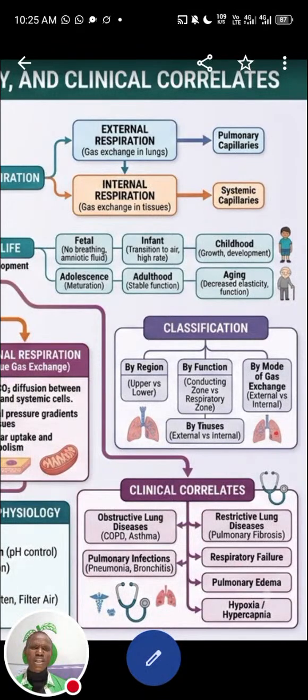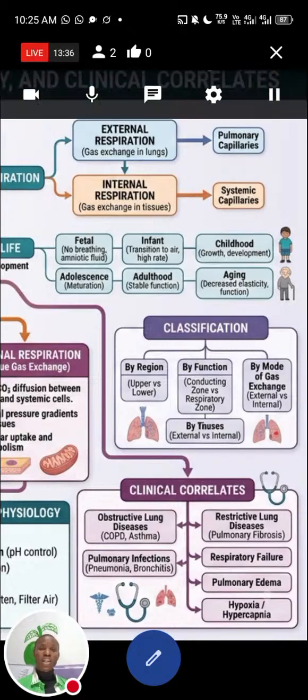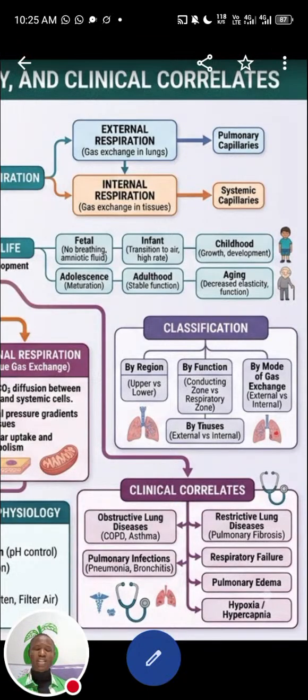Early childhood, I've not included here. I've done another flow chart that captures these parameters. So you can say fetal, infant, early childhood, late childhood, adult. You can say FIELA.